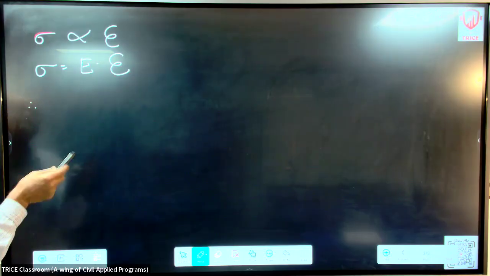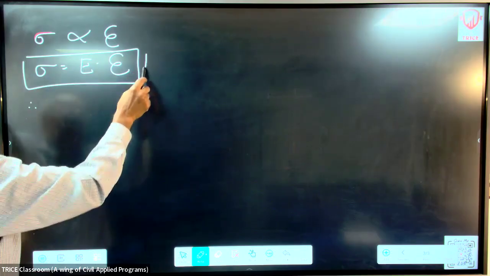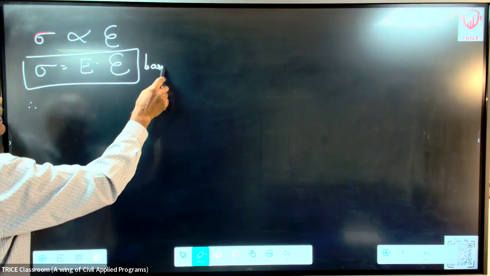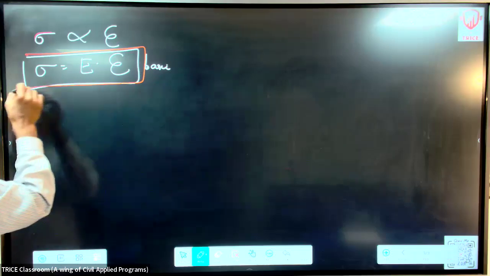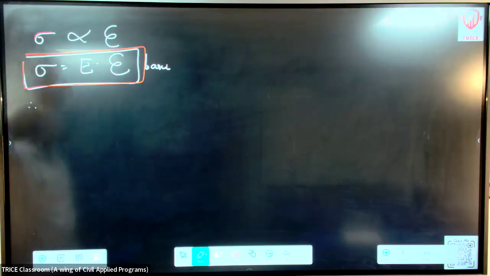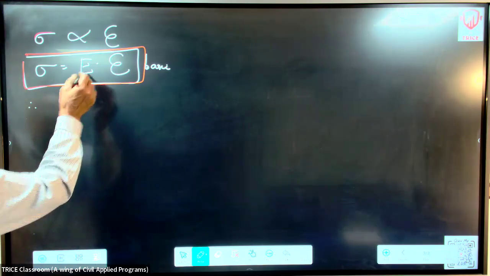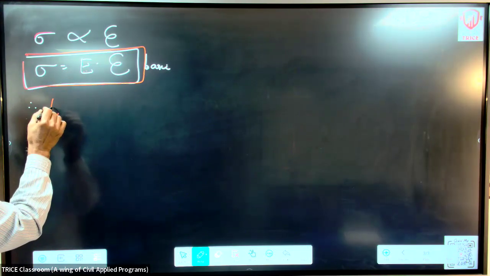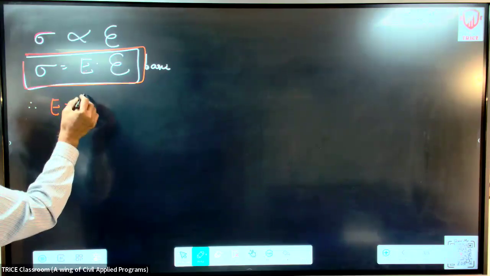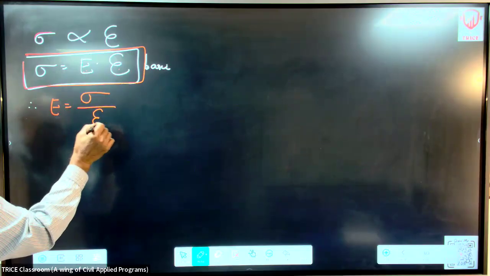Therefore, remember, this is the basic equation. See, underline it. This is the basic. Stress equal to Young's modulus into strain. Or if you want E from here, E equal to stress divided by strain.